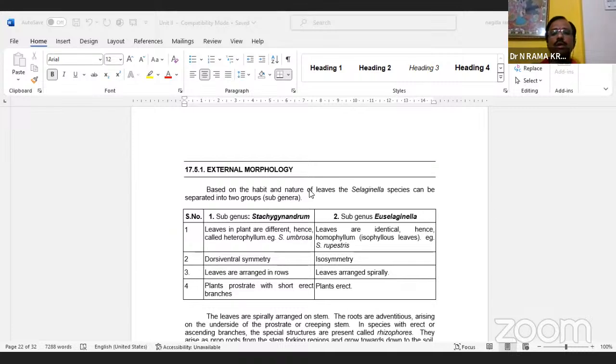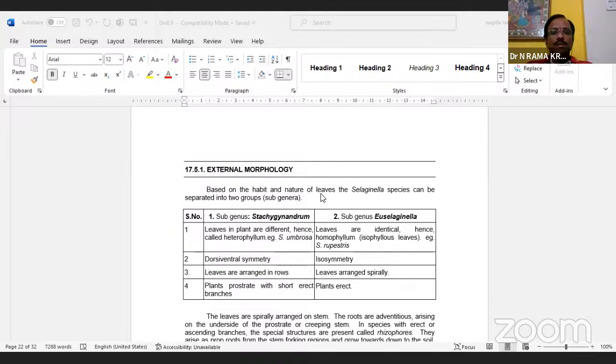When we look at Selaginella species, they fall under Stachygynandrum and Selaginella, which are subgenera. Just as with the Lycopodium plant, where we see two types, here also we see two types of species.